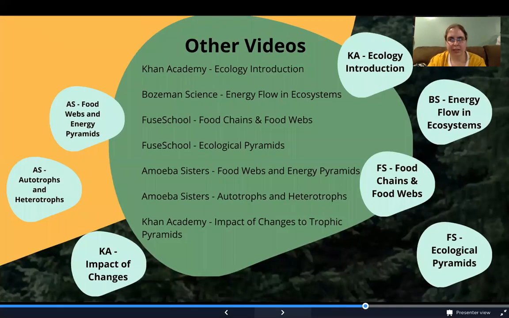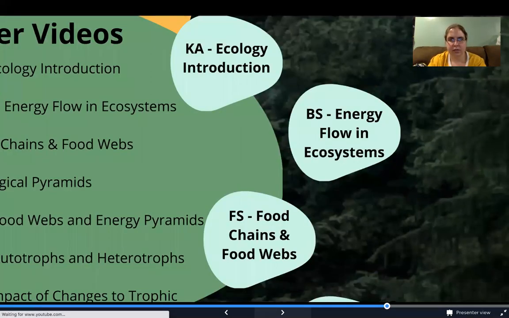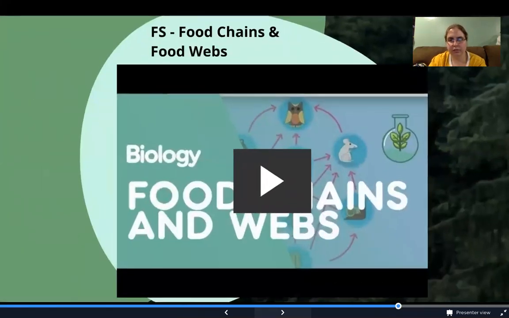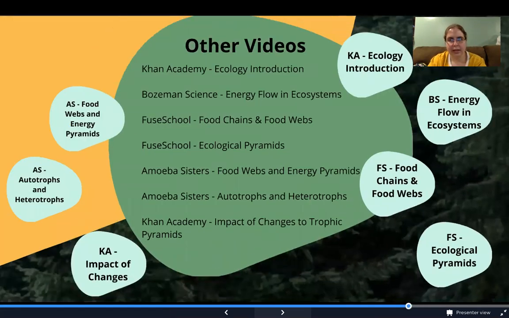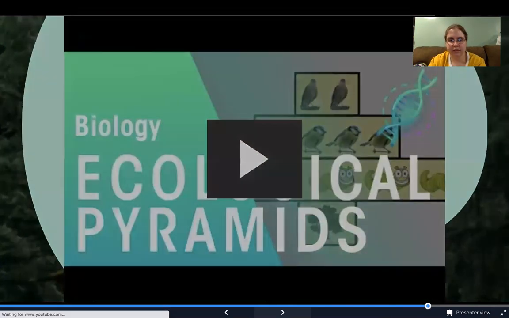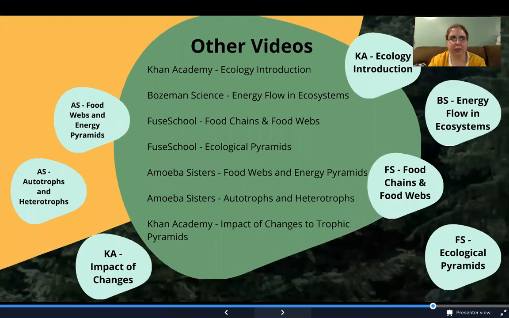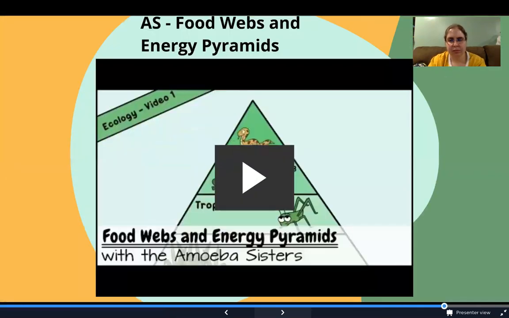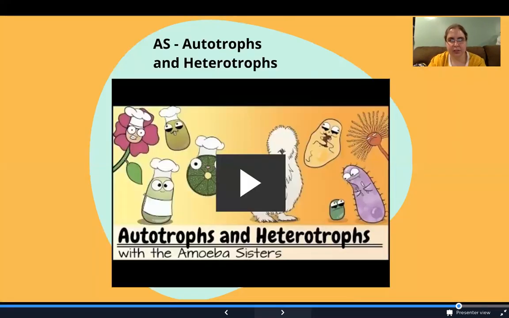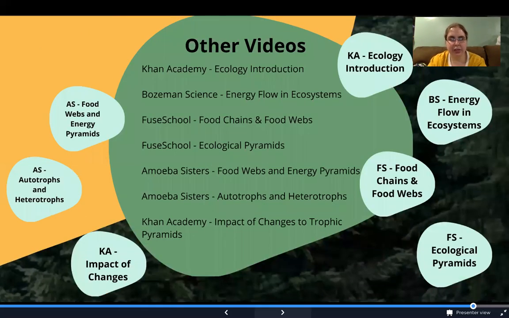We have Bozeman Science Energy Flow in Ecosystems. We have Fuse School Food Chains and Food Webs. We have Fuse School Ecological Pyramids. We have Amoeba Sisters Food Webs and Energy Pyramids. We have Amoeba Sisters Autotrophs and Heterotrophs. And we have Khan Academy Impacts of Changes to Trophic Levels.